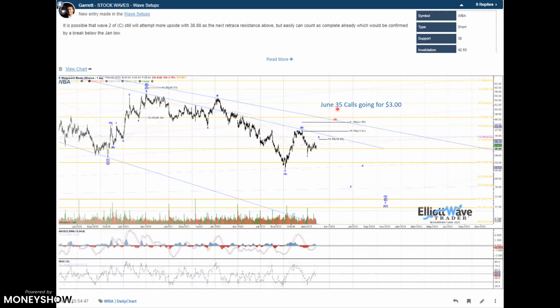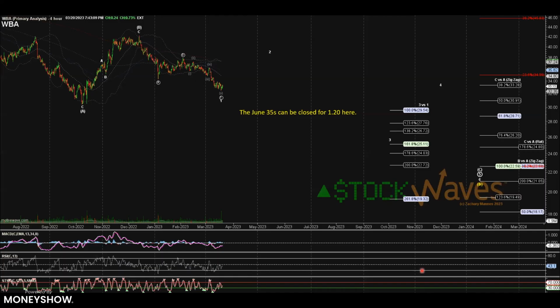So here, June 35s, we're going for about $3. So that gives a little bit of room. That's pretty much a little bit at the money for where they are now, and allows for the bounce more to the 38-39 region. And then those same June 35s here, where it looks like we have an ABC move down for a larger wave one and can bounce in more of a wave two, could be covered for $1.20.